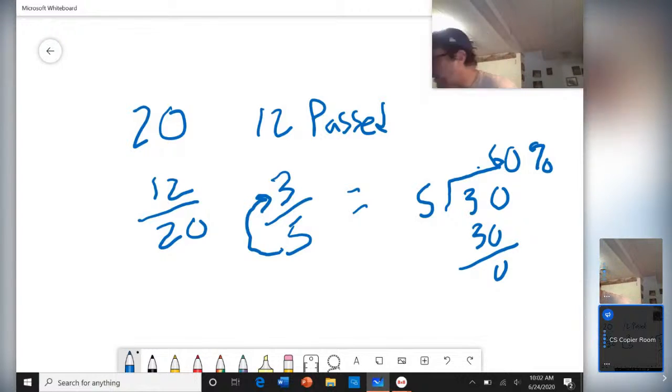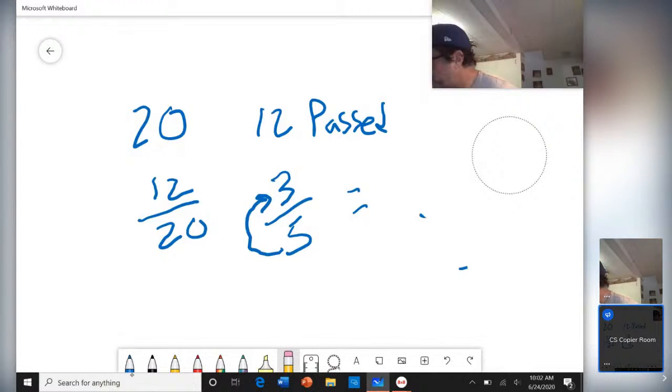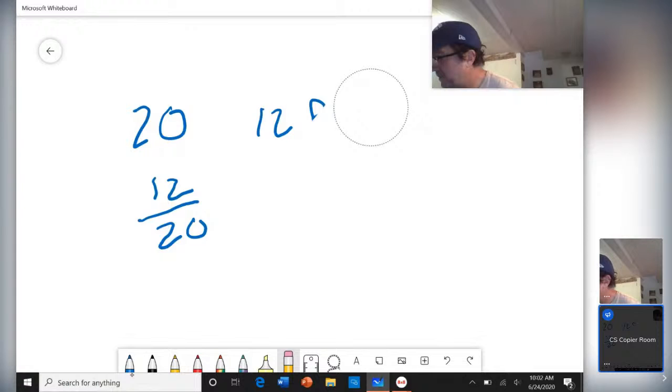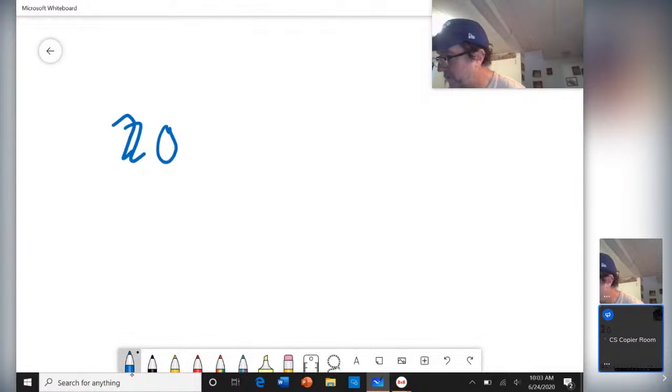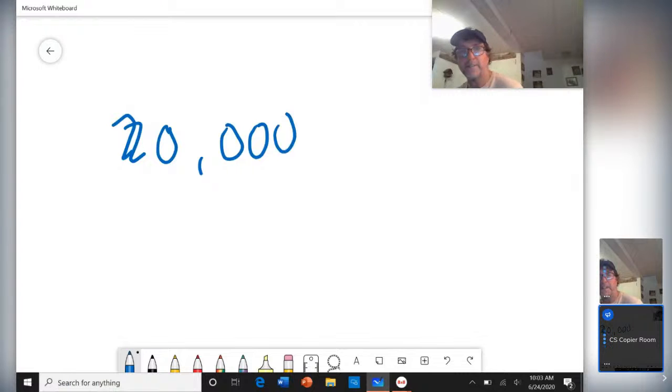Let me do the first one, because that one's just a straight multiplication problem. Okay, so it says Nancy receives $20,000 as an administrator.